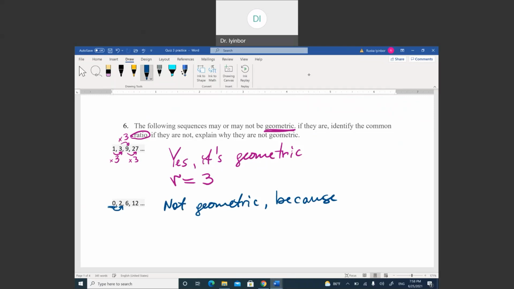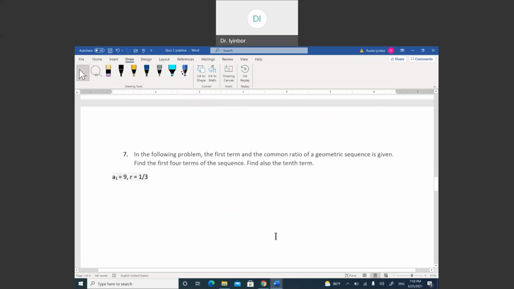Because the first term is 0. If you multiply 0 times anything, it's going to be 0, and it's not going to give you a geometric sequence, okay? So just type it in with your own words why you think it's not geometric. Because the first term is 0. You can't have 0 there, okay? So that's number 6.